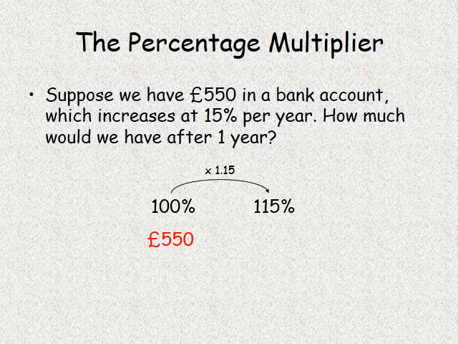That is known as the multiplier. Or if you like, we had the 1 before and we increased it by 15%. 15 divided by 100 is 0.15. 1 plus 0.15 is 1.15. So we must multiply 550 by 1.15.